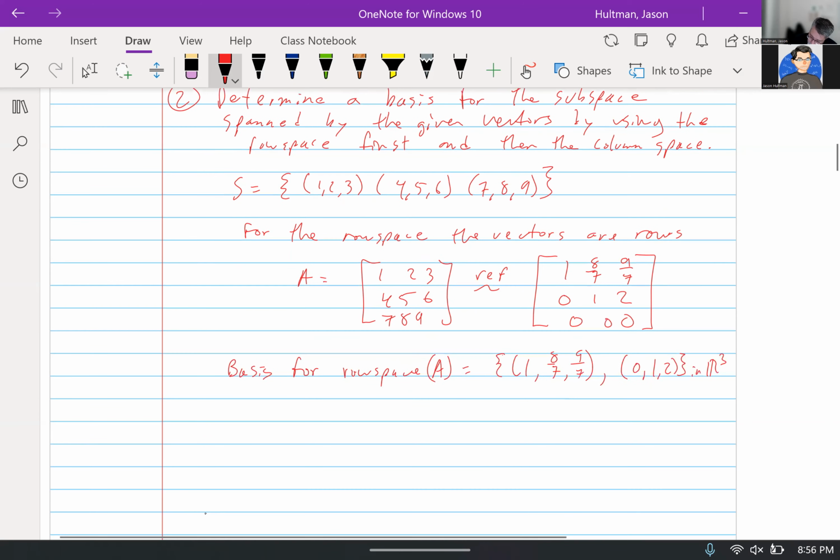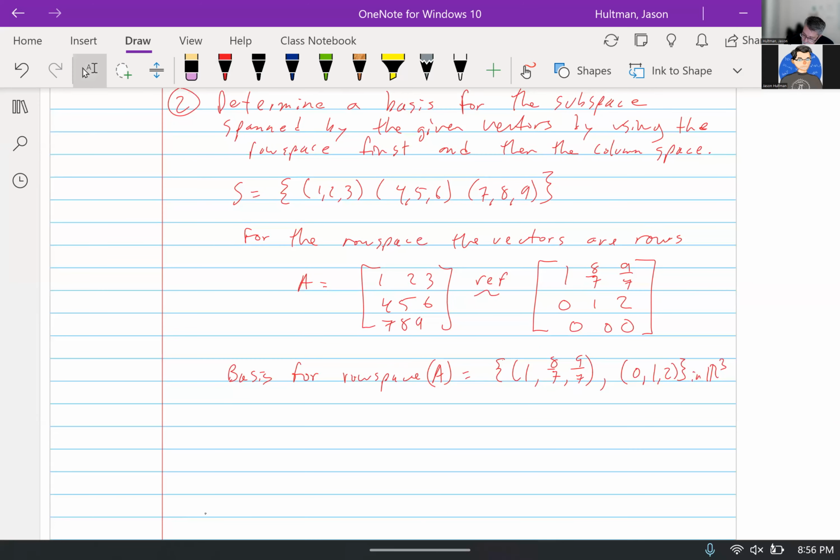Now to find a basis using these vectors that they give me. See, they gave me vectors originally, not a matrix. If they give you a matrix, then you have to use the matrix.